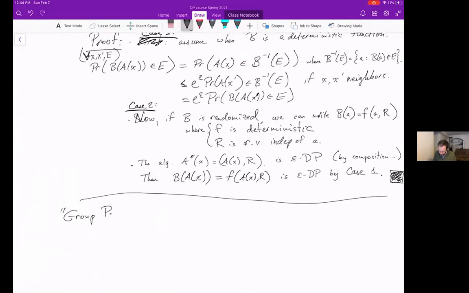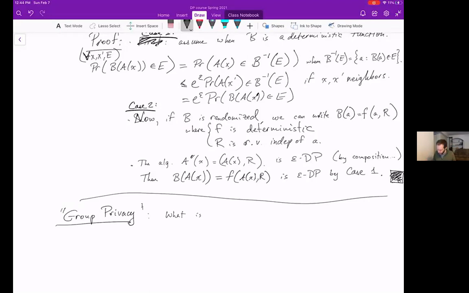Here you might ask, what happens if what I care about is not just what's revealed about Alice, but Alice and her family, a small group of people? It turns out that the privacy guarantee degrades a little bit as you increase the set of people that you're asking about, and that makes sense. But it degrades in a pretty smooth and graceful way.